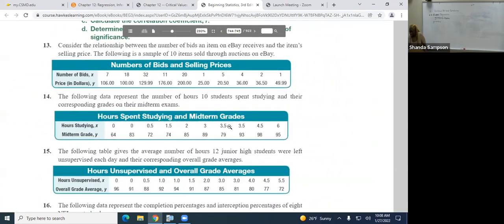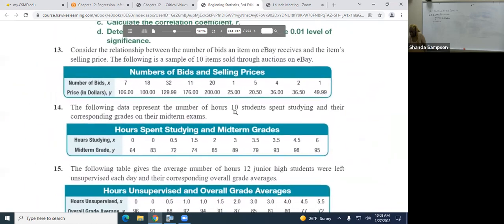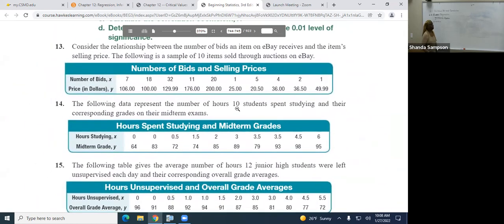If you notice, we have number of bids from 1 to, what's the highest number of bids, 32? From 1 to 32. So if we had a regression line, my first question is, for this problem, could we make a linear regression line? Could we make a prediction from the problem we just did? No, why not, Trevor? It's not statistically significant, so we would not do this next step that I'm talking about.